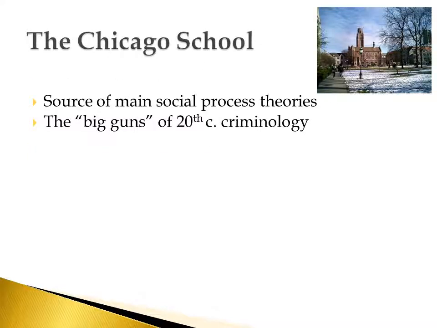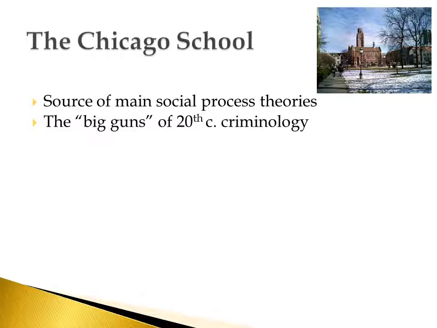Whenever you're talking about social process theories in criminology, you have to go back to the mid-20th century, to the University of Chicago, because within the sociology and various other departments there, some of the most famous people in criminology were writing and influencing each other and reading each other and developing some of the classic theories of criminology.